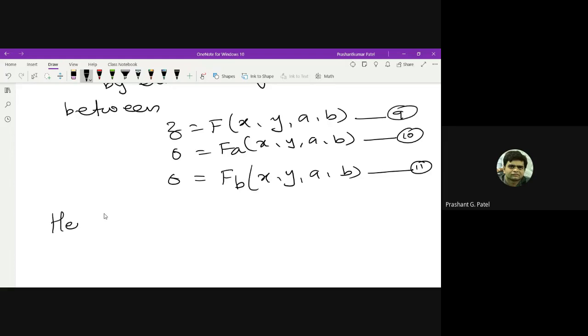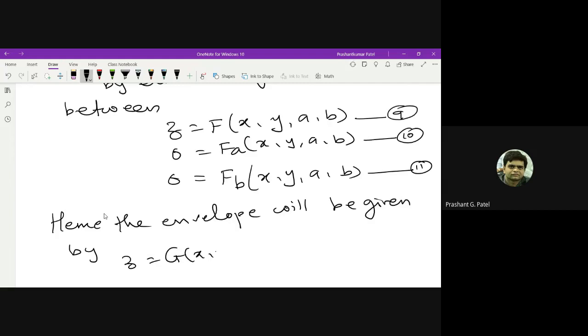And hence the envelope will be given by z is equal to g of x, y. If I want to prove that this g of x, y is a solution, I have to prove that gx is nothing but fx and gy is nothing but fy.